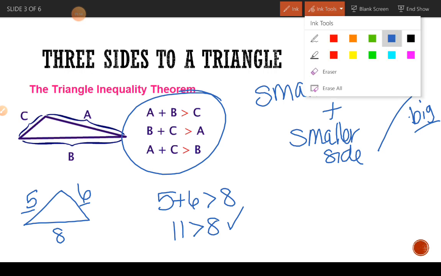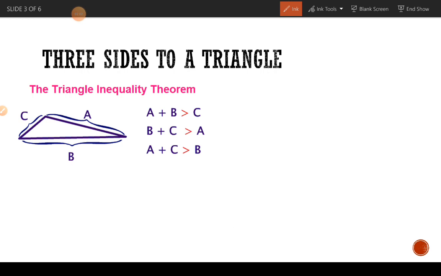So basically, sometimes we have sides of a triangle that don't work. For example, if we had 8, 2, and 2, we add our two smaller sides, 2 plus 2, and that would need to be bigger than 8.